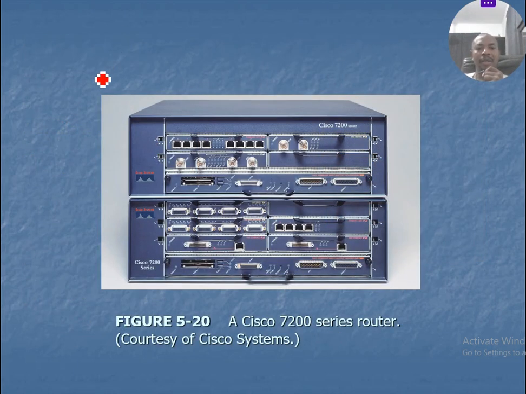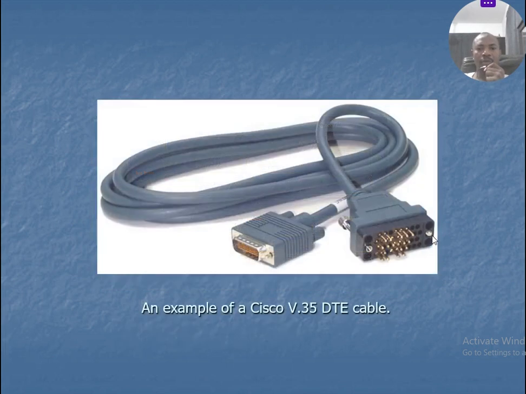Now this is an example. What you see here is a good example of a Cisco router. This is a Cisco 7200 series router. This was taken from Cisco's archive as an illustration for this course, for the students doing computer networking. Now let's move on quickly.